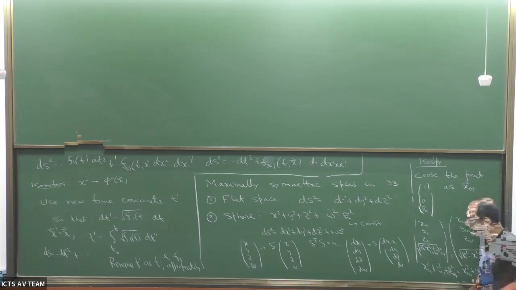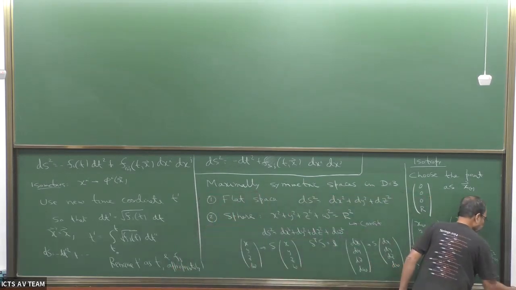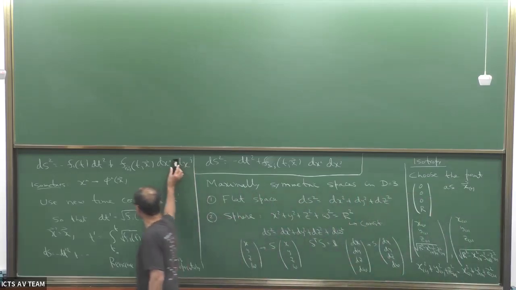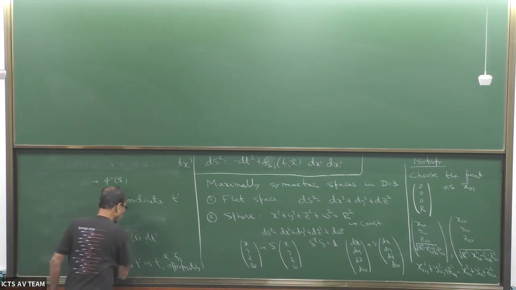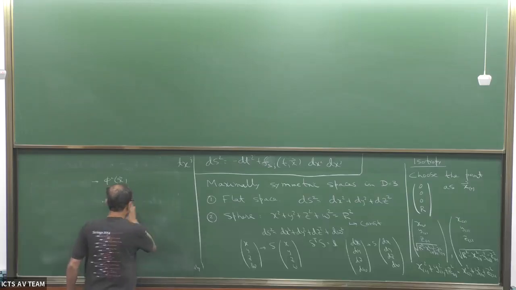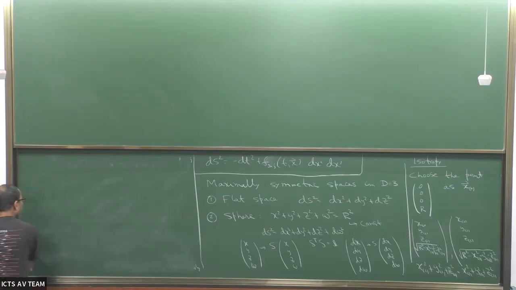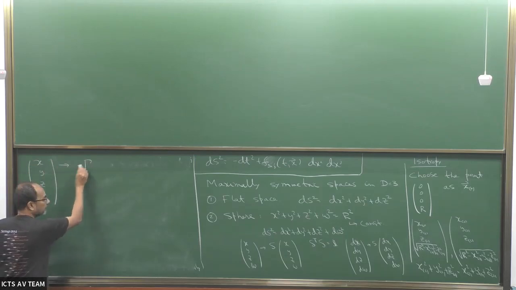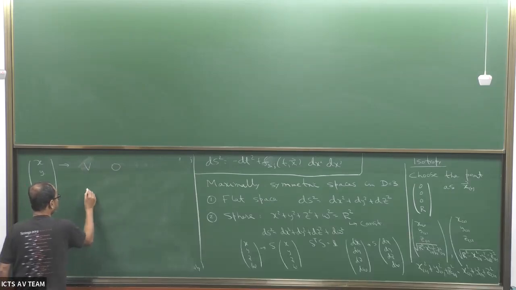Okay, so let me write down the matrix. It should become clear then what this transformation is. So we use the transformation x, y, z, w going to, we call it something else, V, 0, 0, 1.